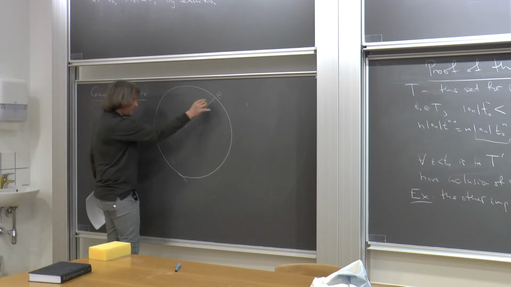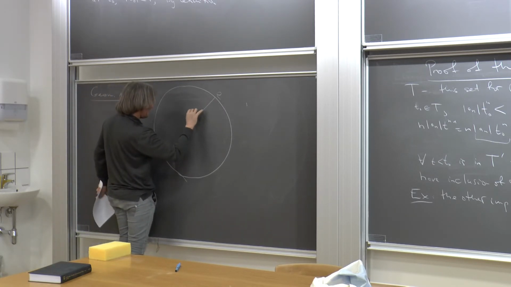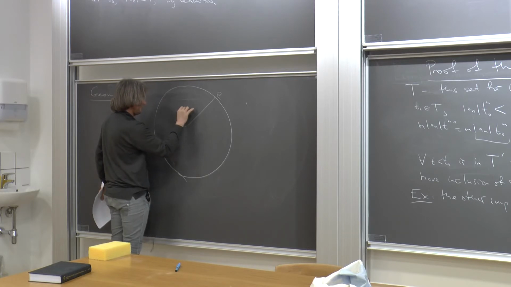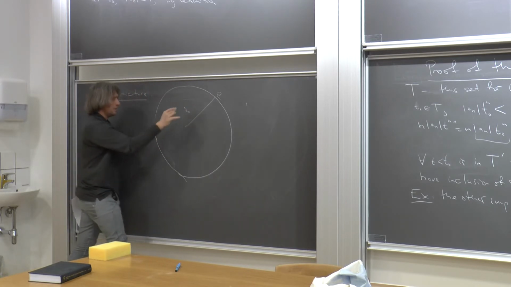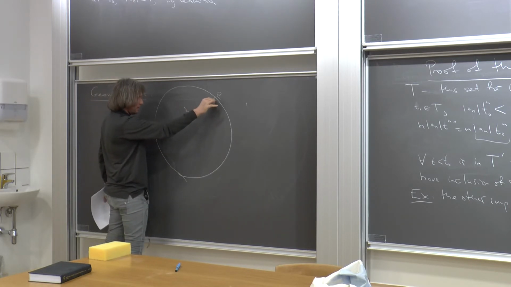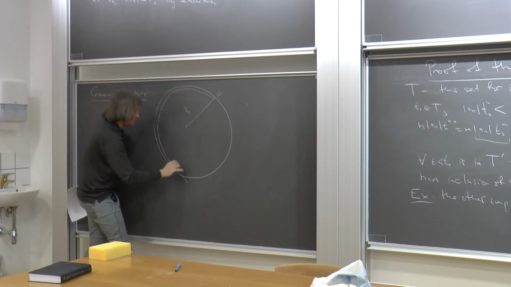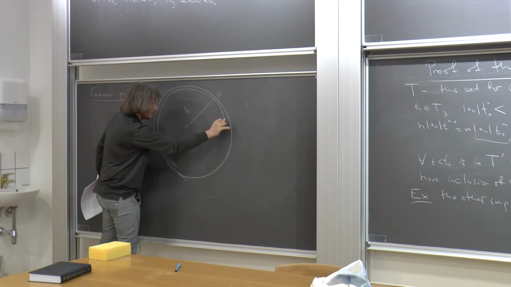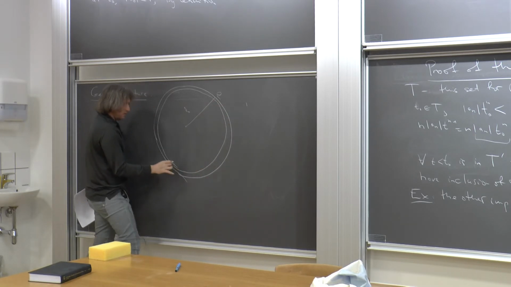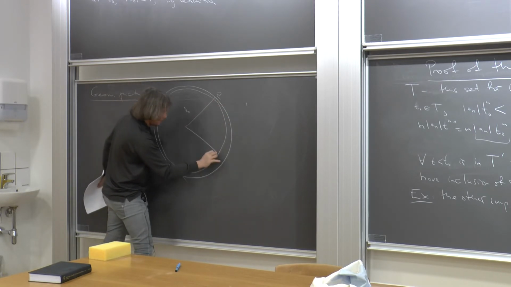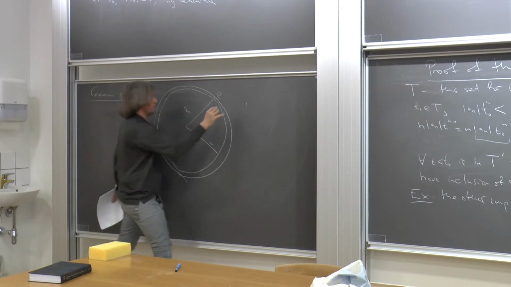Now we step in, so there's z node somewhere here. We step in here so that they would be completely inside the disk. So this is the disk of radius r.